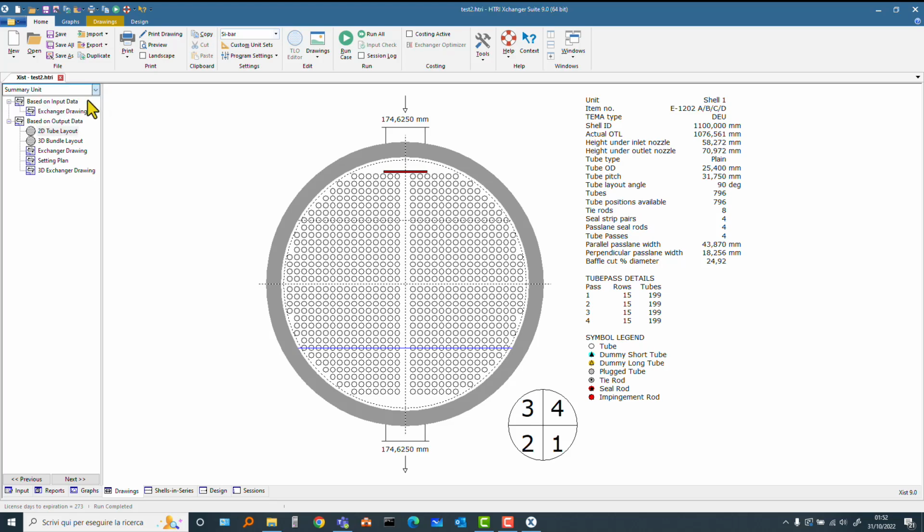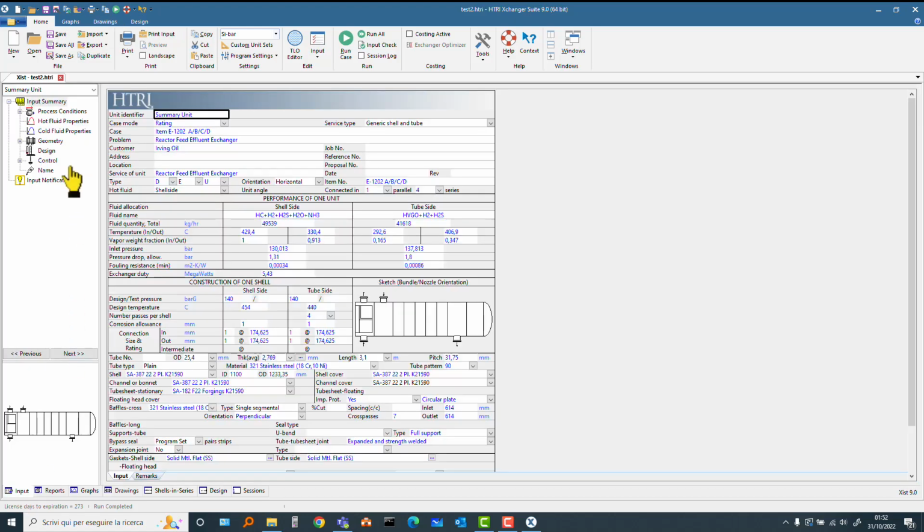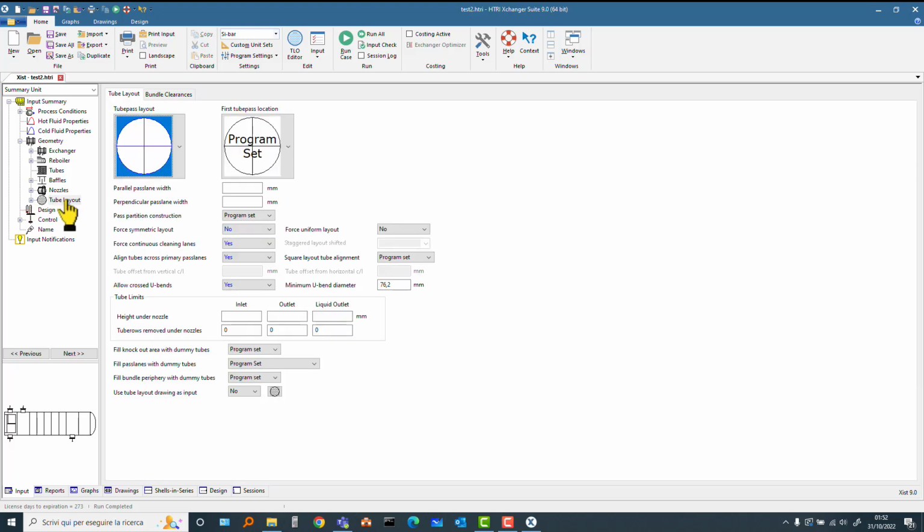Let's come back to the summary unit and then look at the input. In the input geometry, the tube layout is here. Let's see the parameters. So it's a 4-pass U-tube, so it's normal to have the arrangement like that.